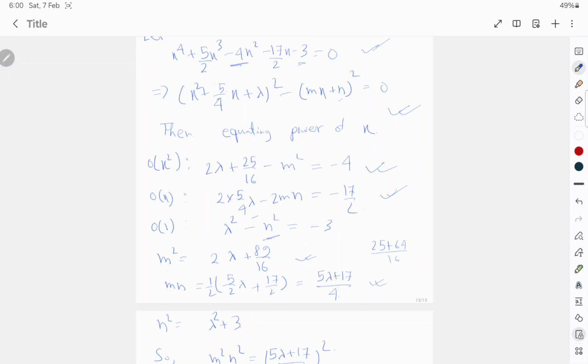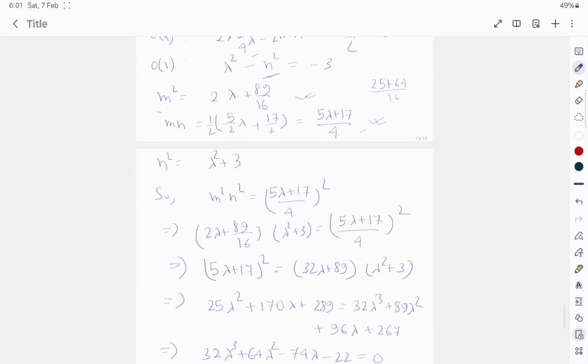That's why I am not doing it directly live, because there are so many possibilities of mistakes. Do it slowly, and don't make any calculation mistake, because for a simple plus minus mistake you will lose the whole marks. From the first one I am getting m square as this, from the second mn as this, and n square as this. These are very easy, you can do them easily. Okay, next.